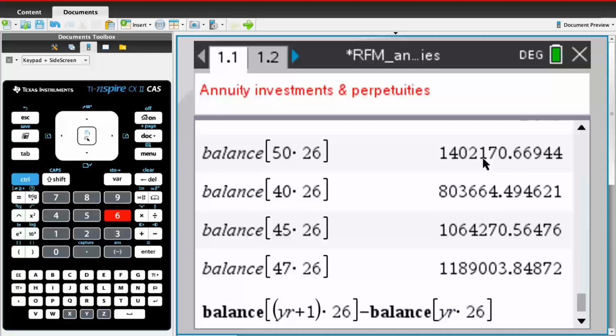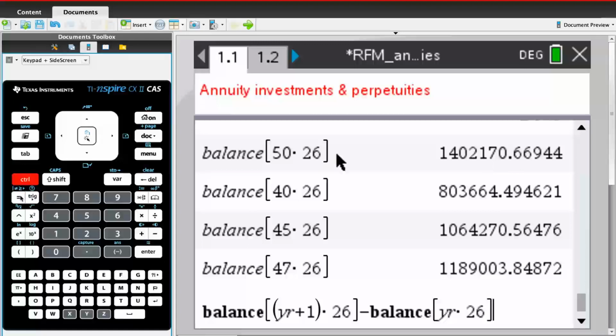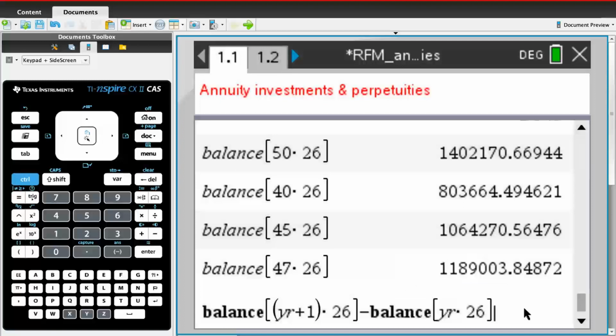And we will put a condition on this. So for those that aren't familiar with that, if you press Control equals, you'll get this vertical line, and the vertical line allows us to put a condition. And the condition that we're going to put is that the year is 47.